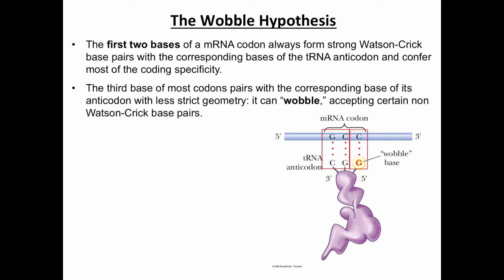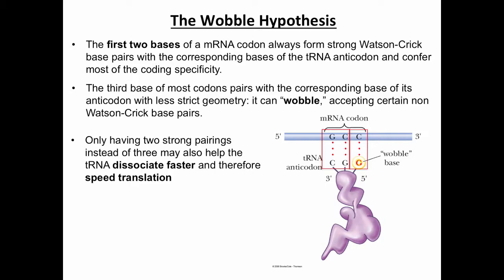In fact, it can wobble, meaning it can pair differently than a normal Watson-Crick base pairing. This is really quite important because it seems that only having two strong base pairings, the first and second, is important, and having the third one wobble actually helps the tRNA dissociate faster from the translational machinery and helps to speed up translation.